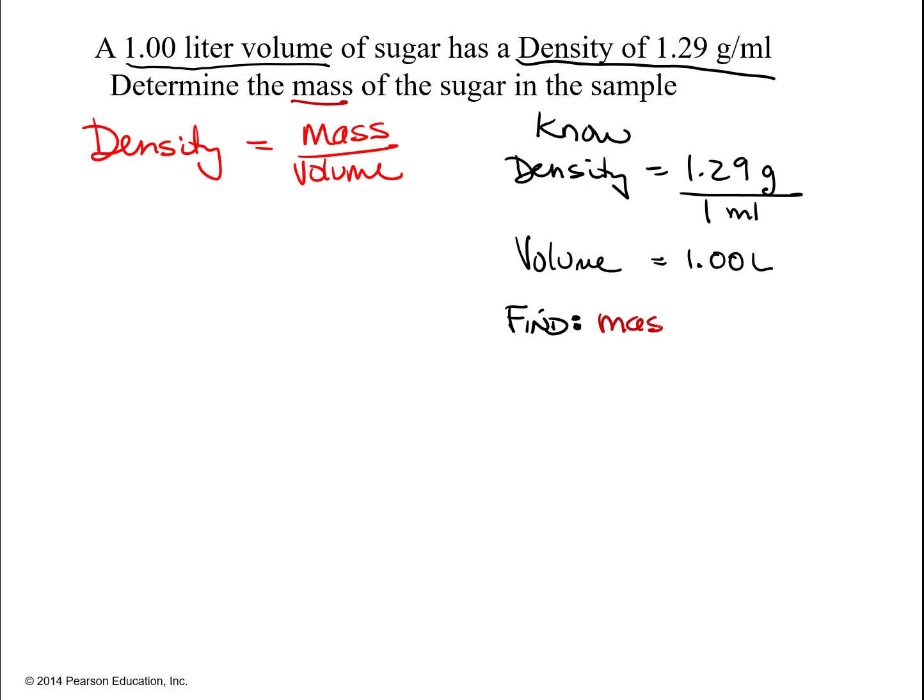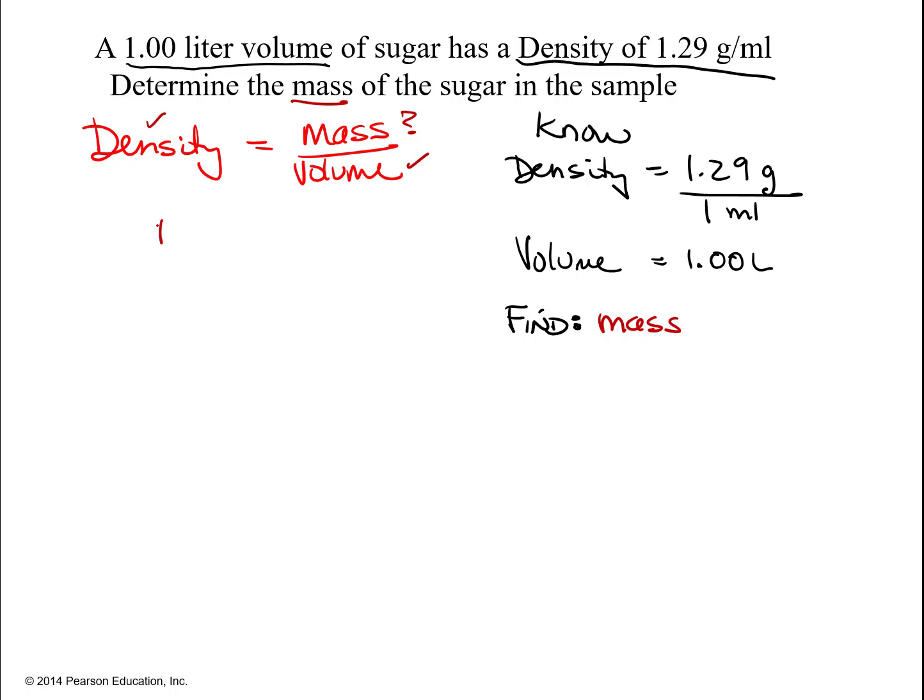So what I want to find is mass. Okay, so now I know density, I know this, right? And I know volume, so I know this. This is what I don't know, right? I don't know mass. So I need to have mass all by itself in this formula.